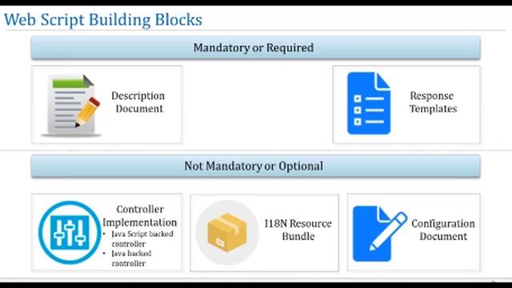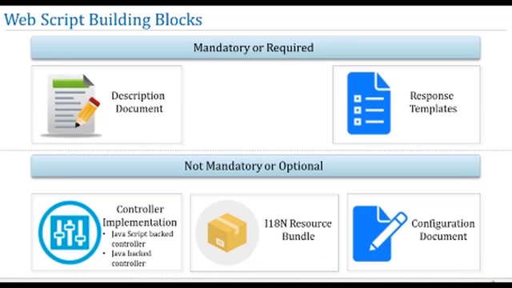Another optional one is for internationalization, where you can use the resource bundle. For example, if you need to return a response in locale specific languages, you can have locale specific properties files for your web script, and you can render the response based on the locale.